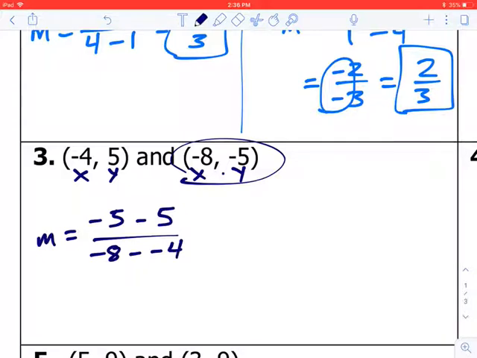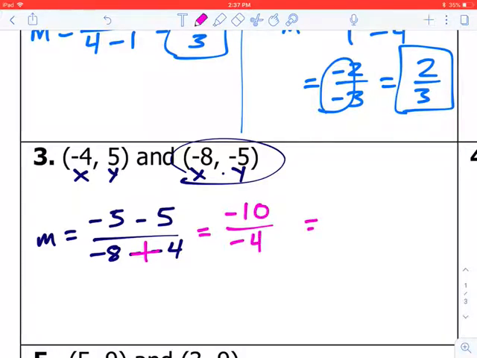So it's always, always, always minus, and then sometimes it might change to a plus if it's minus a minus. These two don't change. Negative 5 minus 5 is just negative 10. Now on the bottom, if it's two negatives next to each other like that, that becomes plus. So negative 8 plus 4 is negative 4.